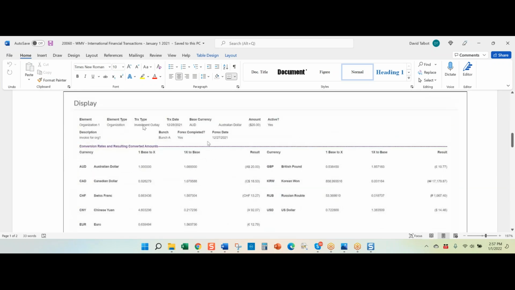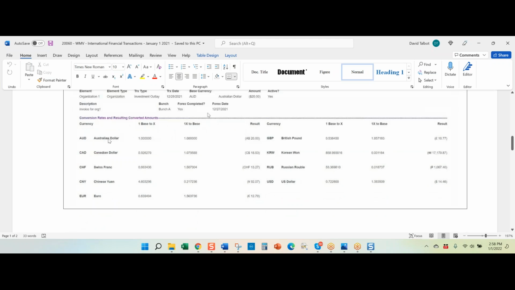Here we put in an investment outlay on 12/28, negative 20 Australian dollars. We completed the foreign exchange with Fixer, and we did it on the 27th. Here the Australian dollar is 1-to-1, obviously, because that's the base currency.